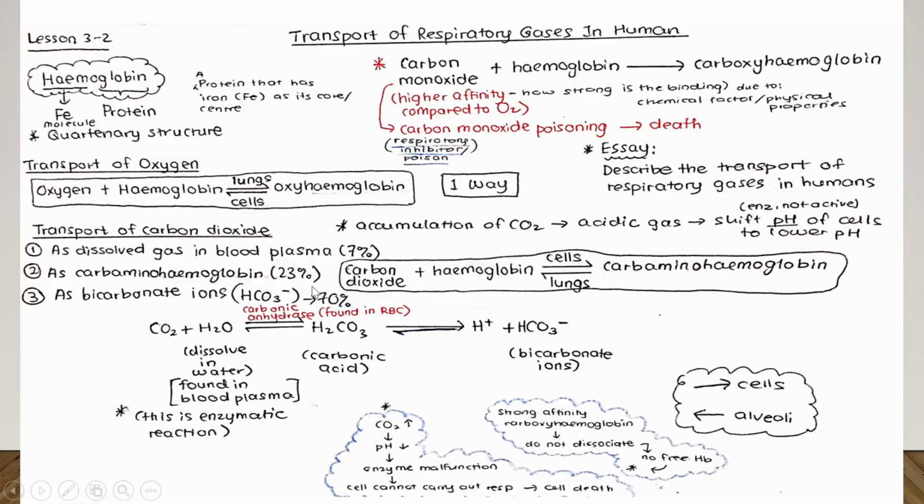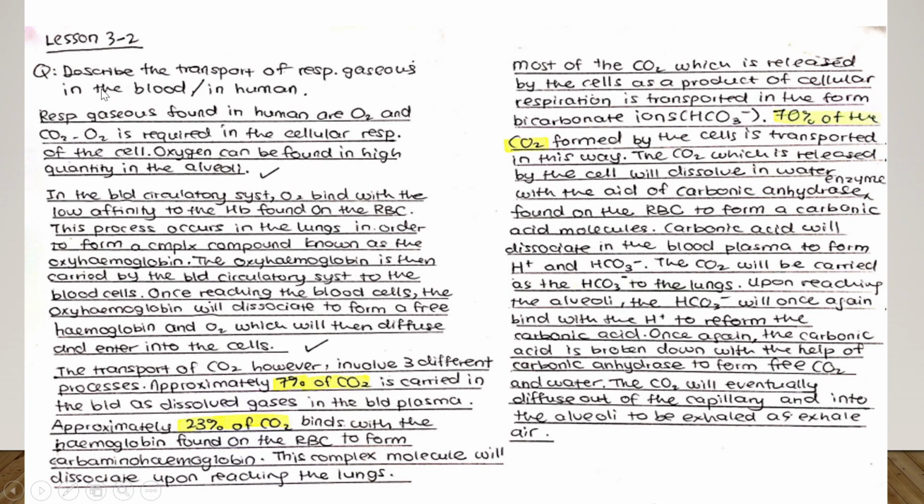All right. So if they ask you to describe the transport of respiratory gases in the blood in humans, first you can define these respiratory gases. You can name them, specifically oxygen and carbon dioxide.